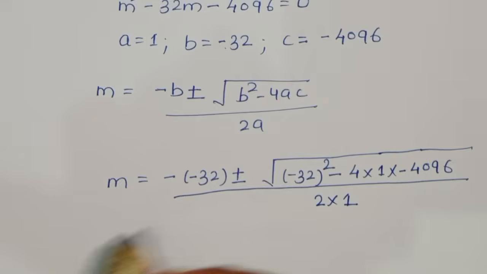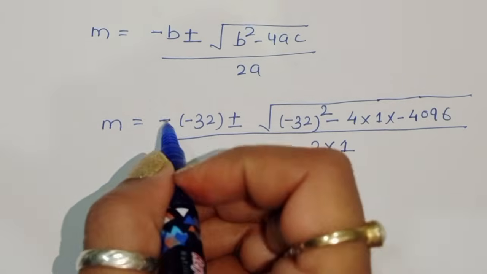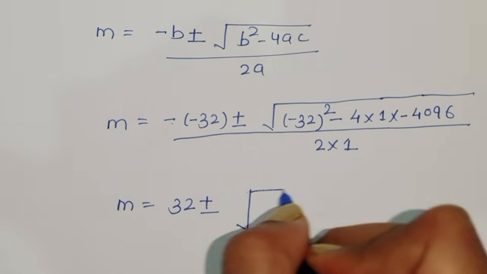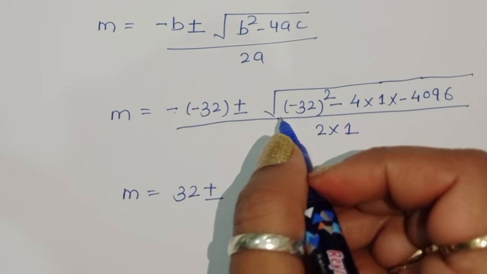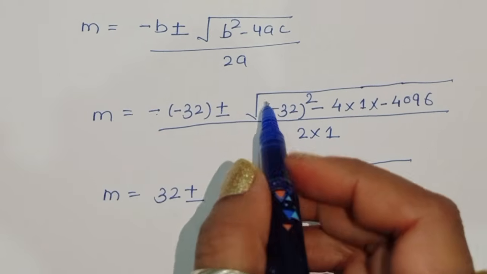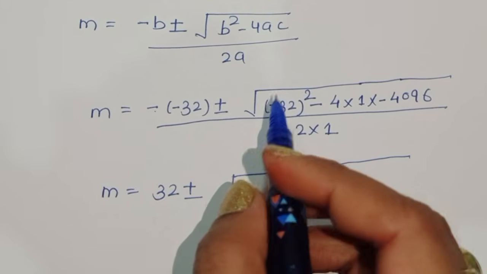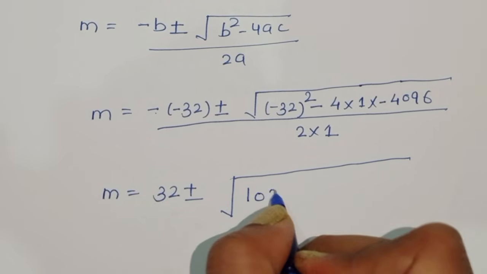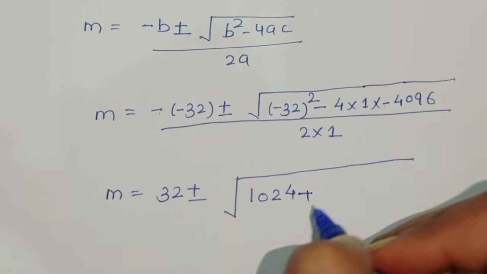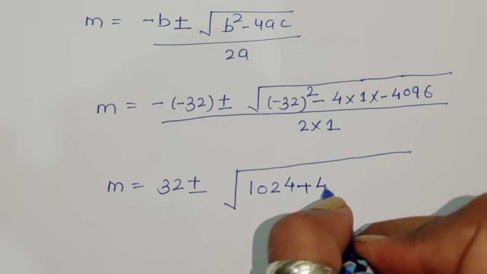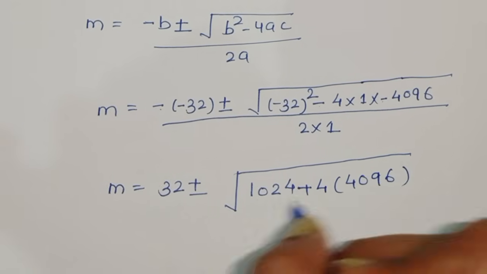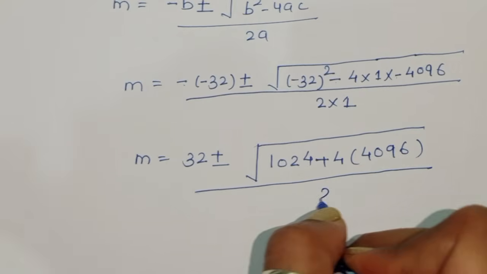a is 1. So here m is equal to minus minus will become plus 32 plus minus square root of minus 32 square, right? So 32 square is 1024, and here this is minus, so it will become plus 4 times 4096, divided by 2, right?